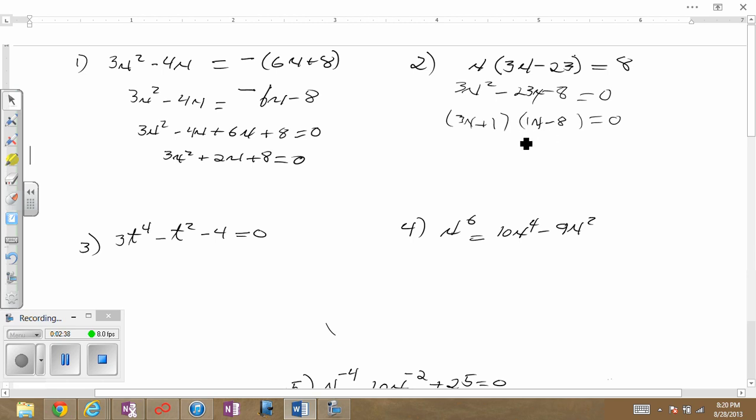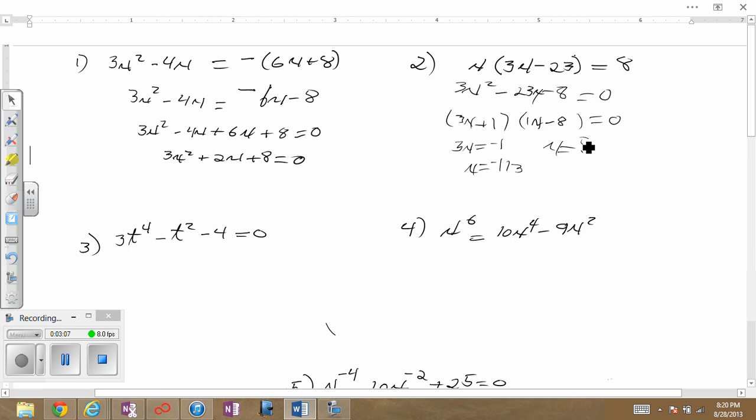Now, again, our check. 24x negative plus 1x, that gives us the negative 23. We're in good shape. So we conclude 3x plus 1 equals 0, which just means 3x equals negative 1, and x equals negative 1/3. And x equals 8. There are our two solutions on that guy.